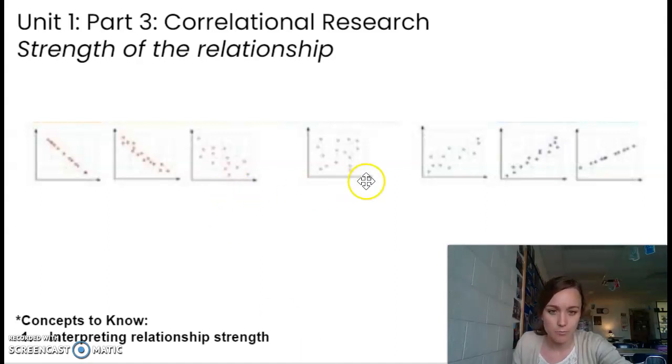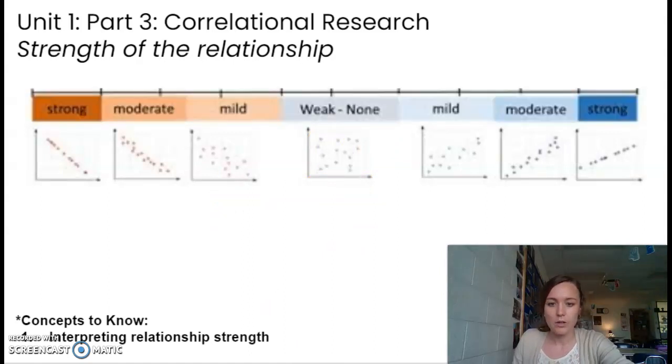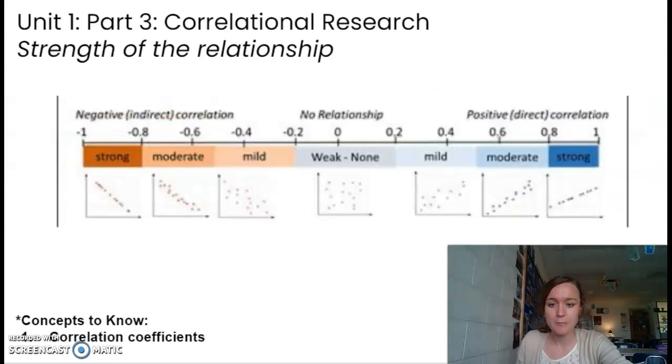And you notice here in the middle, we just have no correlation at all. Okay, so you can see here, it's now labeled with a description. This is a really strong negative correlation, getting to a really weak or almost none at all, to a really strong positive correlation. Now we're going to add something to this. We're going to add a number value. So you can see on the diagram we have number values with the different scatter plots.